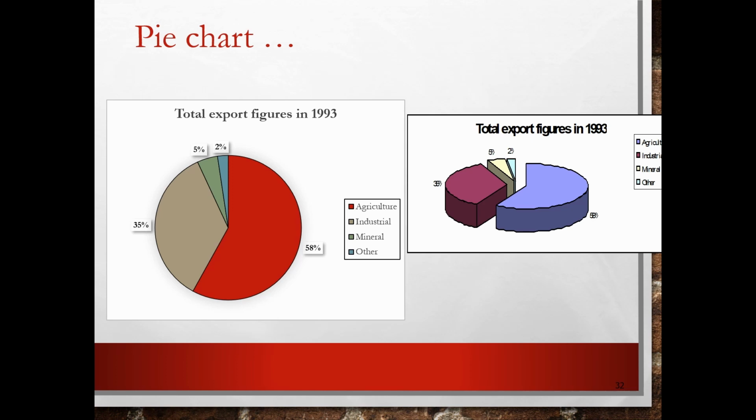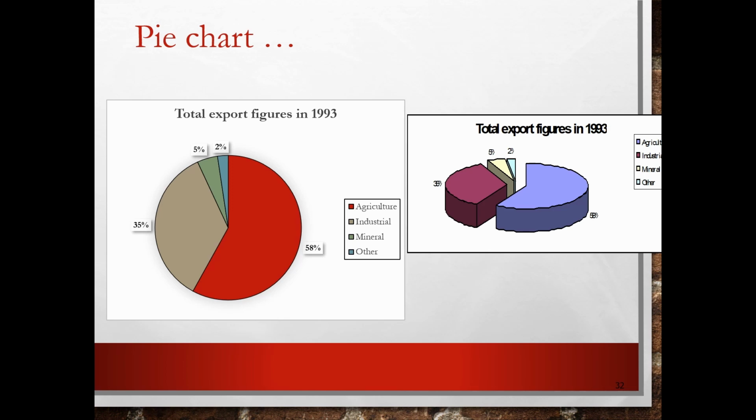Rather than a table, this pie chart will quickly tell you that this red slice is very big compared to the other slices. That means the agriculture exports have been very prominently larger than the other exports.